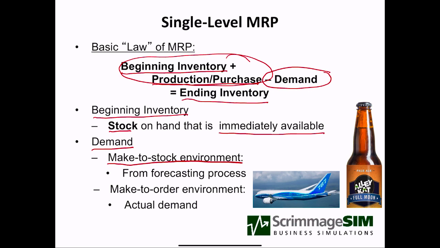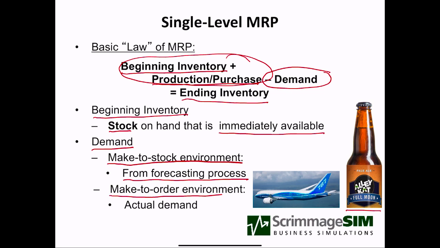In that case, demand comes from a forecasting process. So you're forecasting the demand from the customer, you're balancing that against your available capacity and making plans that drive your production so that you have the material available for the customer. Beer is an example of a product that's a make-to-stock environment. The customer expects it to be there when they come into the store or when they go online.